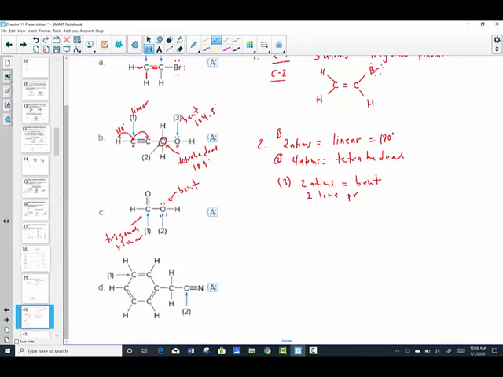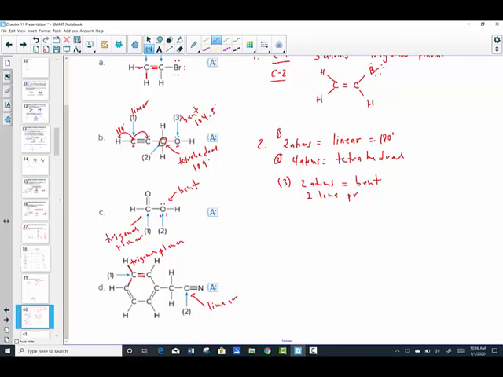And the last one we'll check together, letter D, carbon indicated as number 1 is leading to 3 different atoms, 3 different domains. So this is trigonal planar. The second one here is leading to 2 different atoms, so you wrote out that this is linear.